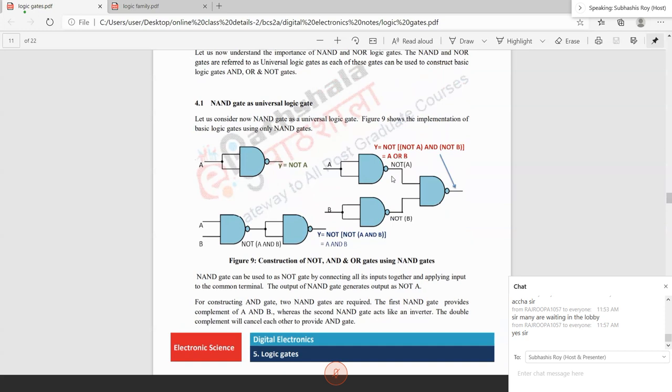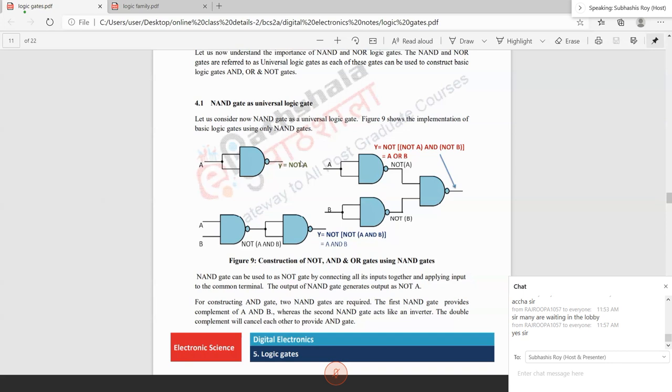Okay, so we'll see how we can design a NOT gate first, using a NAND gate. We will see this in today's lab also. So using a NAND gate, we can design a NOT gate, right?